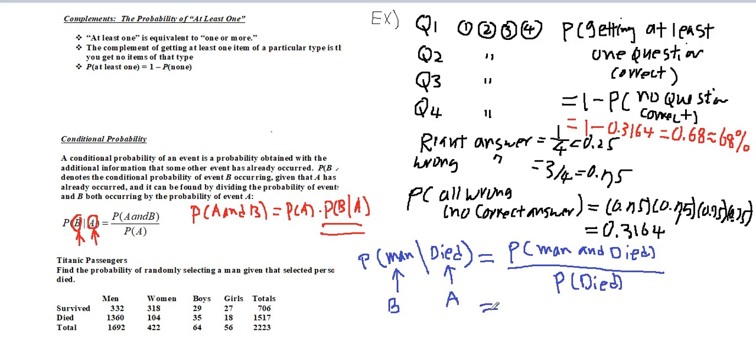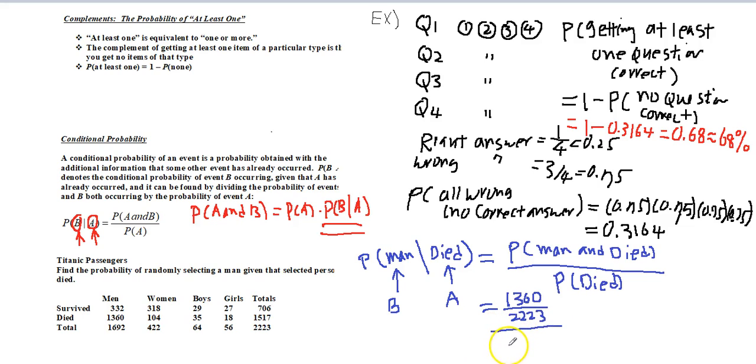If you look at the table there, how many men got killed? Well, there are a total of 1360. So we have 1360 out of 2223.